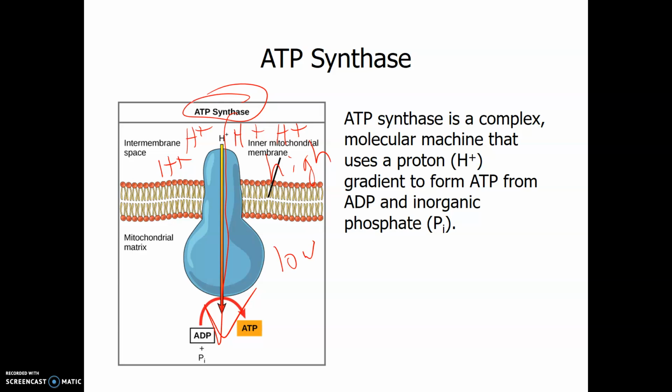And that energy from the flow of hydrogen ions back into the matrix is going to be enough to add phosphate to ADP, creating ATP. This is exactly the same thing that we saw in photosynthesis. It's called chemiosmosis and oxidative phosphorylation.